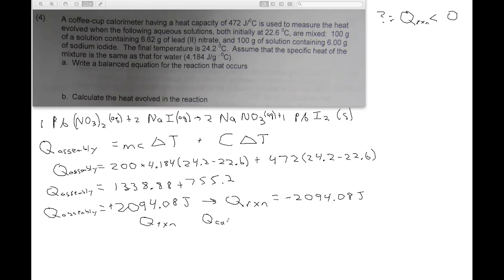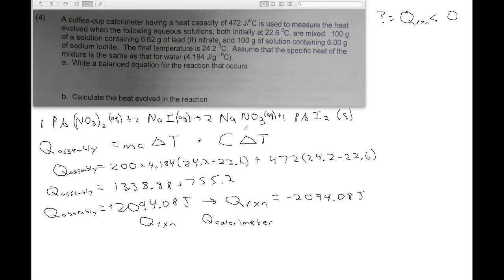Q for the reaction is equal to negative MC delta T, where Q for the assembly is equal to MC delta T. Okay, now that's true sometimes, but we couldn't use that in this example because we actually needed MC delta T and C delta T. So what you were just saying wouldn't be quite right.